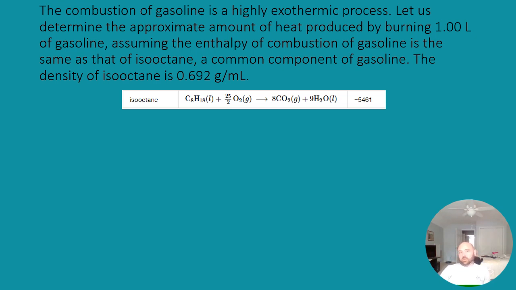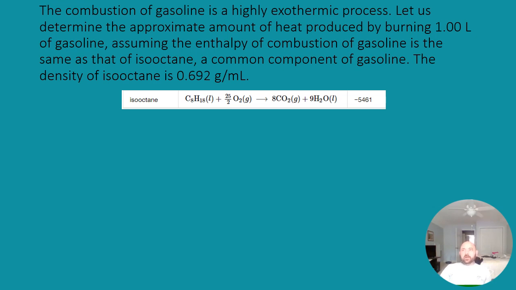The equation is 1 mole of isooctane plus 25 halves moles of oxygen gives us 8 moles of CO2 and 9 moles of liquid water, and approximately 5,461 joules of energy.